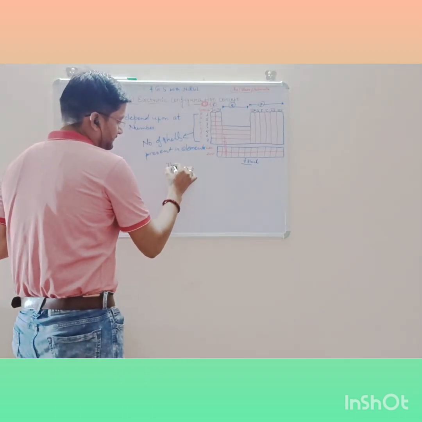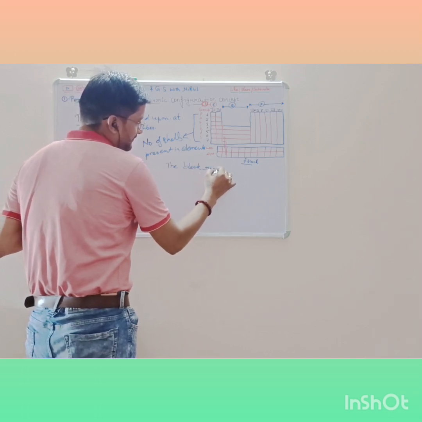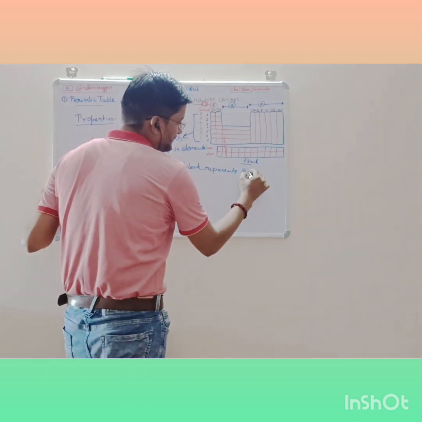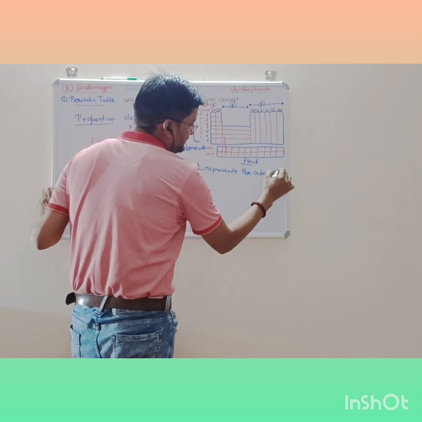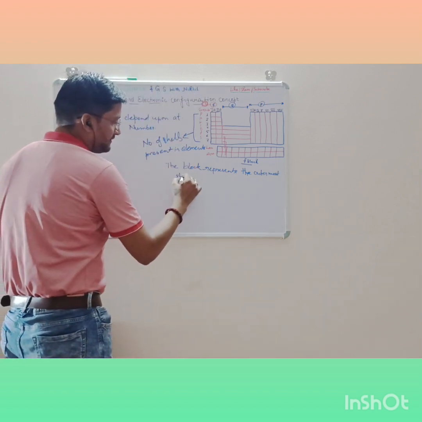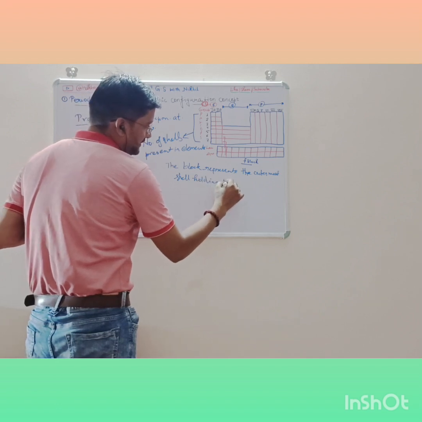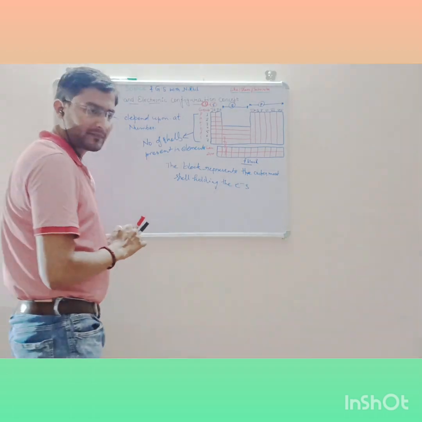The block represents the outermost shell holding the electrons, right?